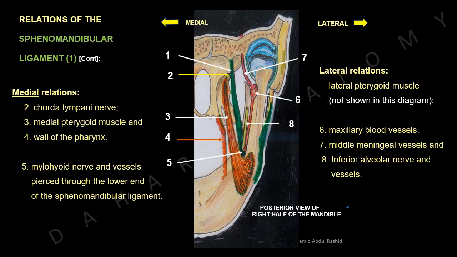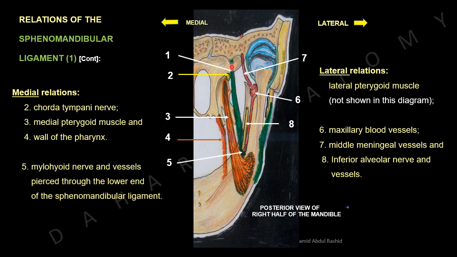Relations of the sphenomandibular ligament, continuation. This is the diagram of the mandible. Posterior view of the right half of the mandible. This is the medial side and this is the lateral side. This is the sphenomandibular ligament, superiorly attached to the spine of the sphenoid.